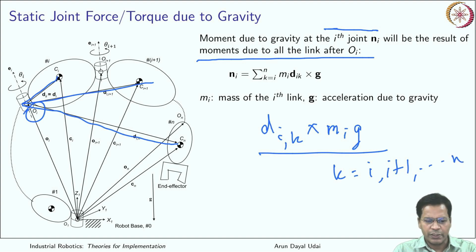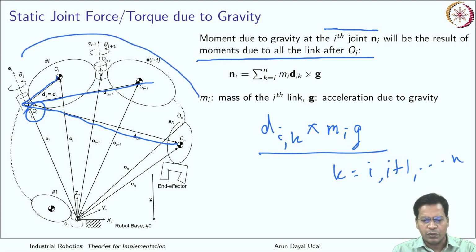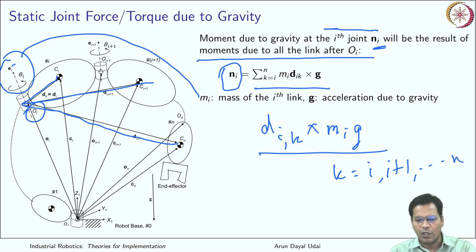So you got it? It is taking the sum of all those. So n_i is nothing but the moment which is realized at this joint. Got it? So this is how it is calculated. So I now know the total moment that is coming over here.